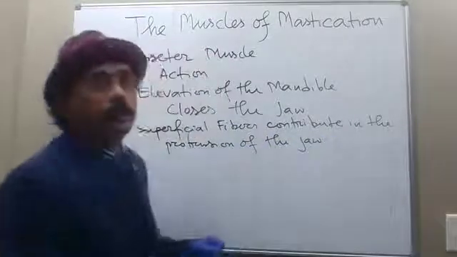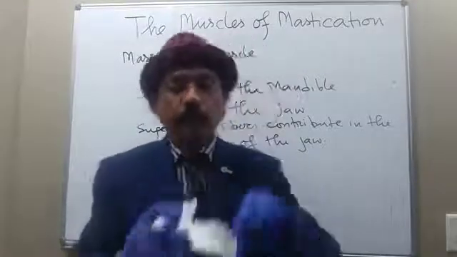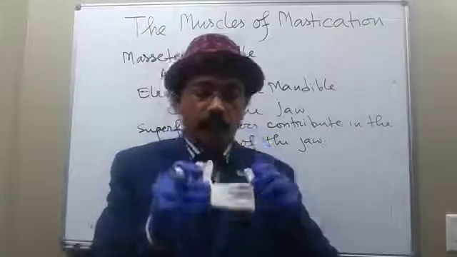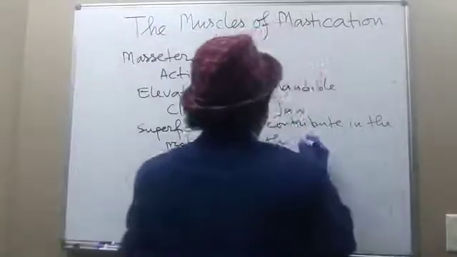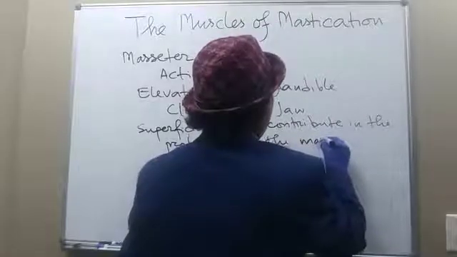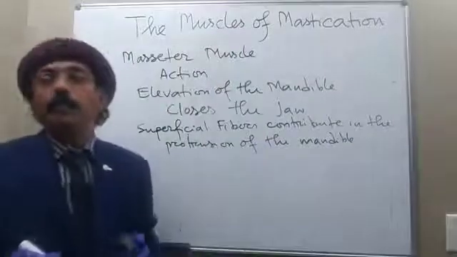We got that. So that means it helps in protrusion of the mandible. You can say mandible in lieu of jaw, mandible. Okay, we got the action of the masseter.